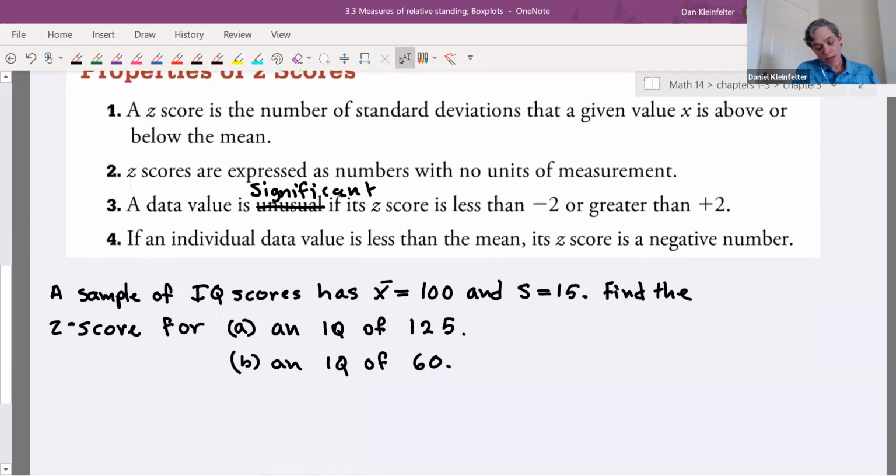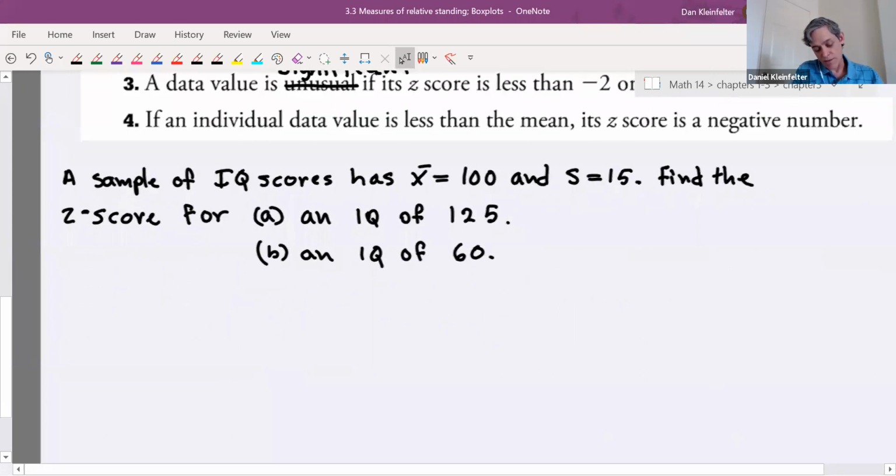All right, so let's try this a bit. We've had IQ scores in earlier examples. For this, it says that the mean is going to be 100 and the standard deviation 15. We want to just practice with the formula. We're going to find the z-score for an IQ of 125 and then one for 60. So we're going to make a little calculation. So z will be x minus x bar over s, since it's a sample.